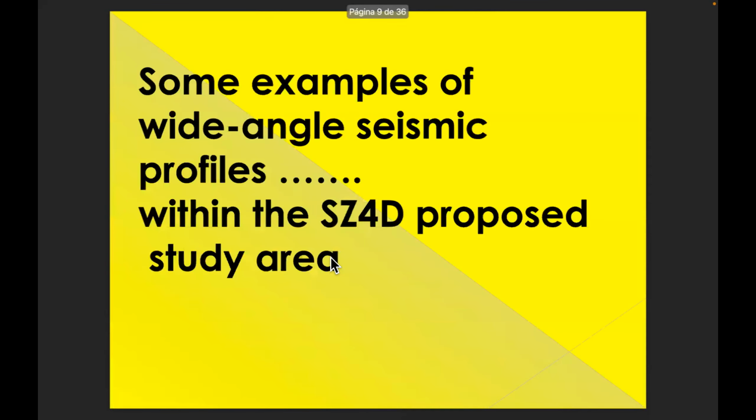I will show some examples of wide angle seismic profiles within our proposed study area.